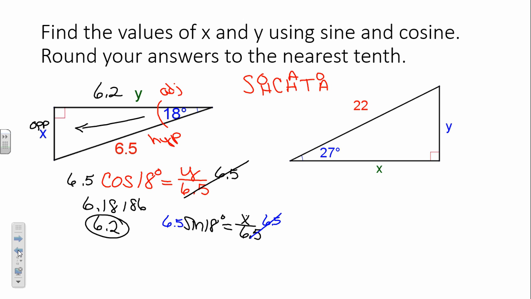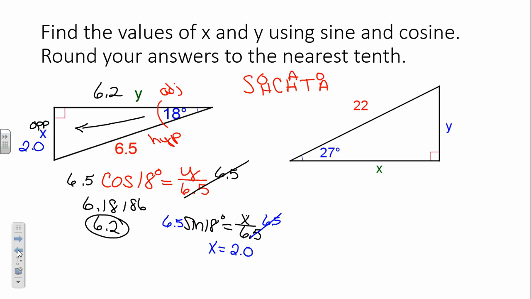And what do we get? 2.0. Does that make sense? You don't have to write the zero; I wouldn't count it wrong. We're used to dropping insignificant digits. It is a significant digit when we're saying to the tenths place, but we're used to dropping that.